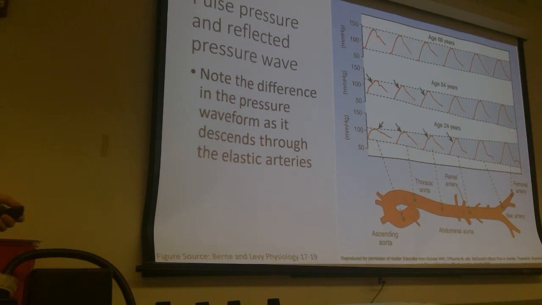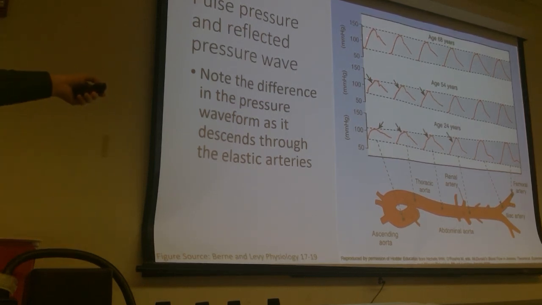The augmentation's pretty much gone away at this point. This is a good thing. In a younger individual, this reflected wave comes back while the aortic valve is closed, so it's not causing any issue with blood coming out of the heart. That makes sense? We're not fighting against that reflected wave.